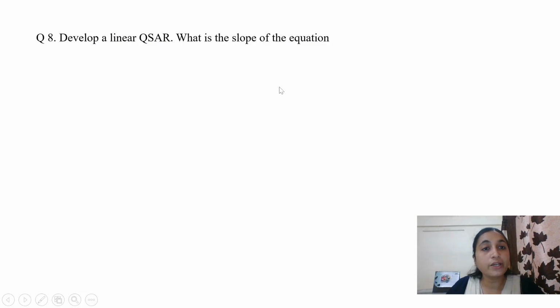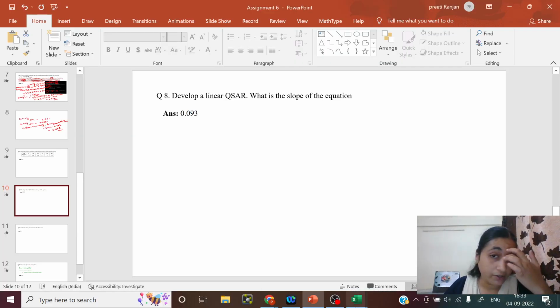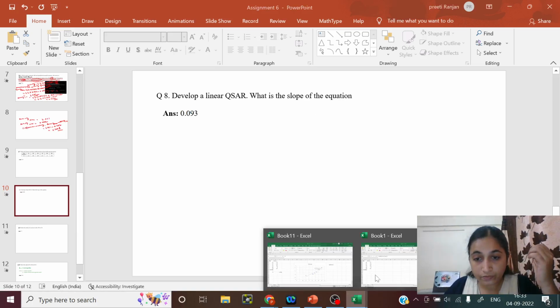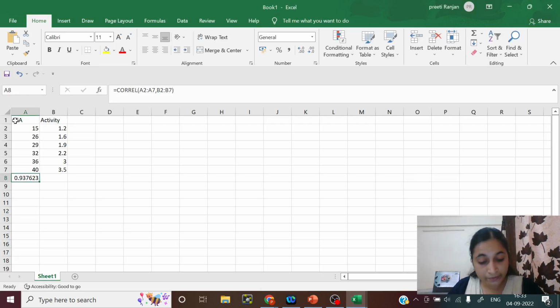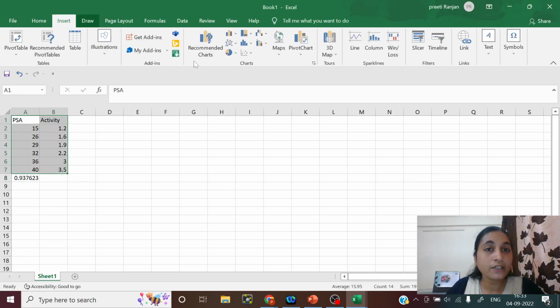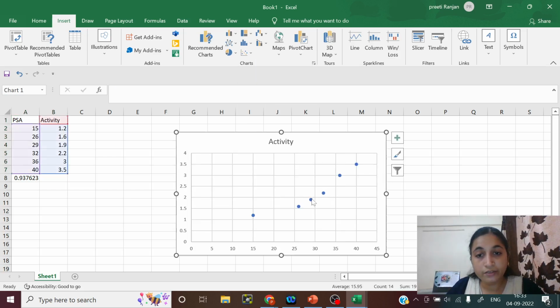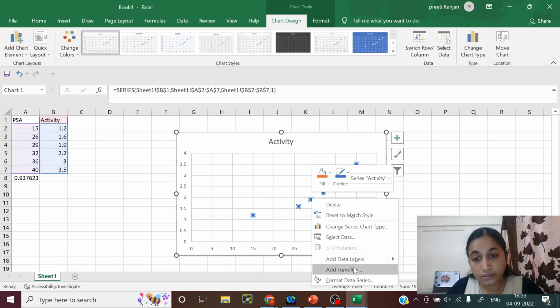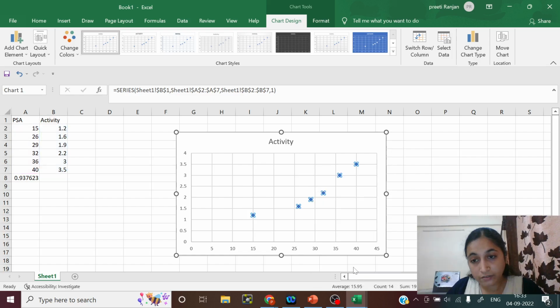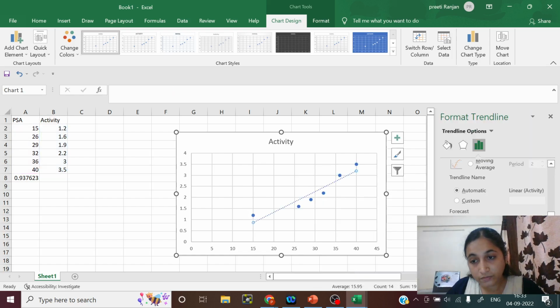So now question 8. Develop a linear QSAR. What is the slope of the equation? This also we will do in Excel only because they want us to show the slope of the equation. So this is the reading. We will simply select this reading and go to insert, and then we develop one graph, and then we will click on this, display equation on the chart and display R square.